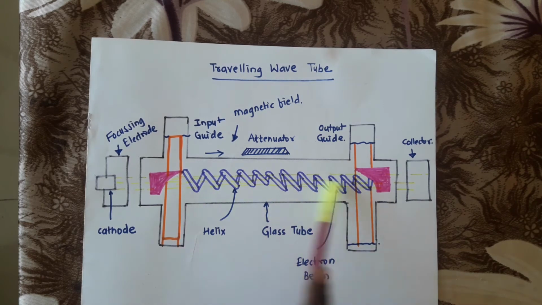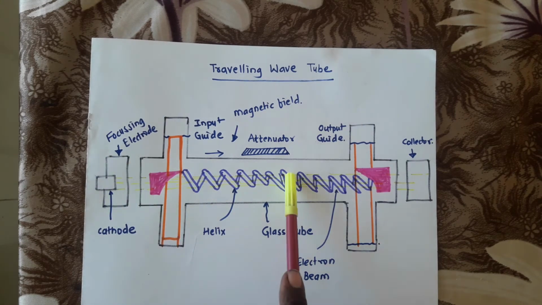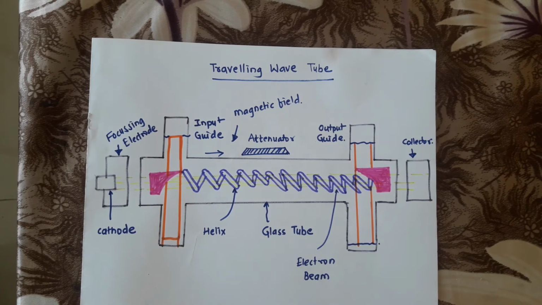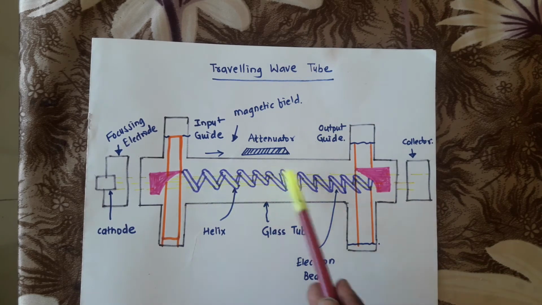So this is the helix, and along its axis the narrow electron beam generated by the cathode is sent. Then the helix is made positive, as we already discussed, and the cathode is also very much positive. Because of these positive fields, the electrons get attracted towards the helix or the collector arrangement.